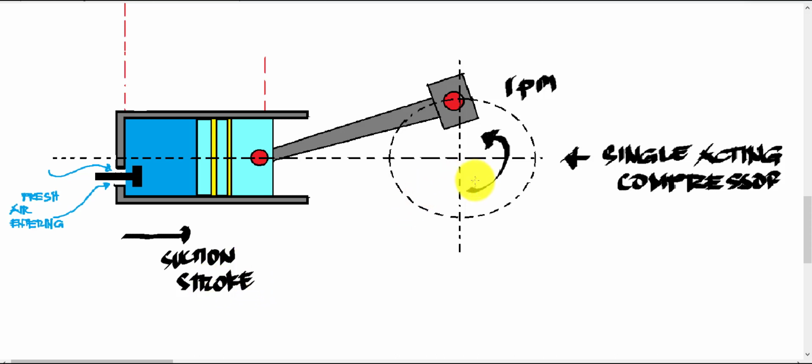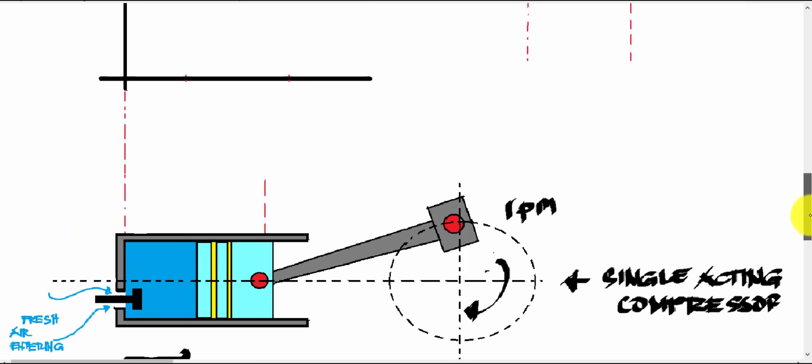Okay. So I'm gonna change this one. Since it is suction, I'm gonna change the rotation. So we have here rotation towards like this, in order to have a suction stroke. Okay.